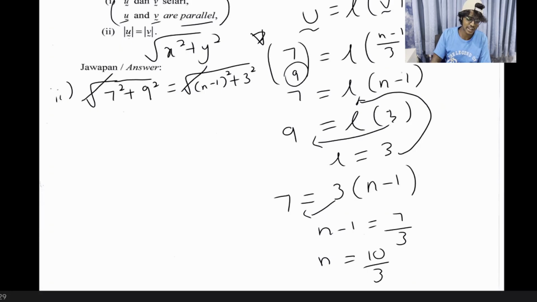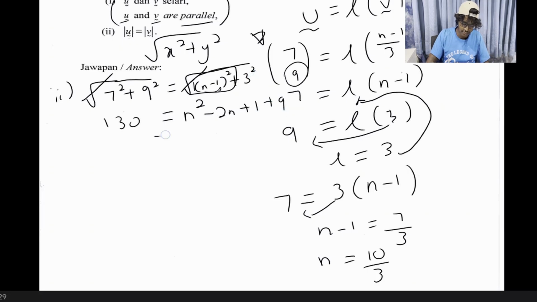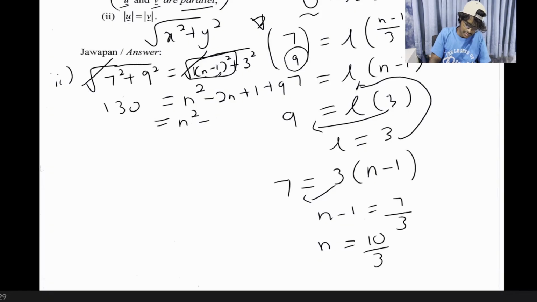And 7 squared plus 9 squared will be 130. As I've taught you before, we can expand the left side: n squared, minus 2n, plus 1, and then 3 squared is 9. So now it will look like n squared minus 2n plus 10 equals 130.